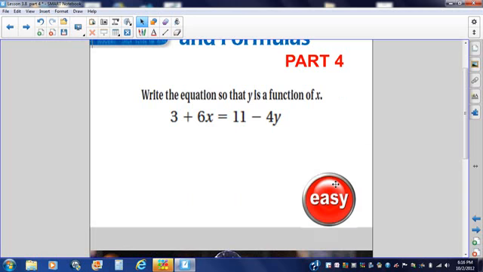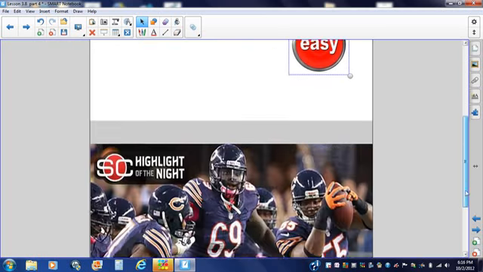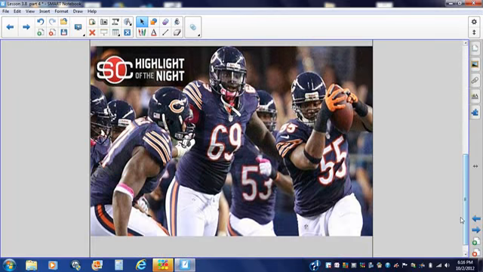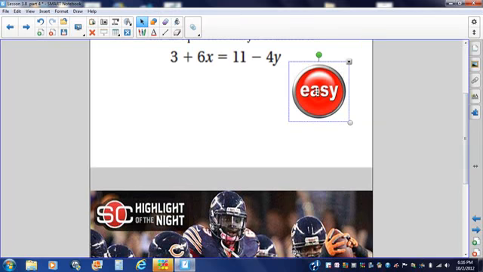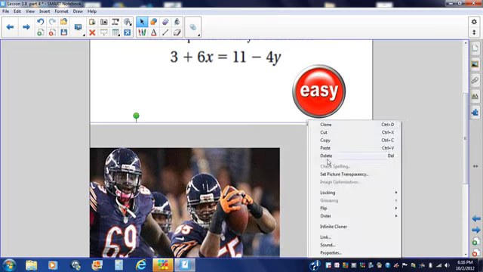I'm thinking I need to hit the easy button when I see these directions, and the easy button will be like, we're gonna make this problem as easy as it was for Da Bears. Nice. Highlight of the night. So we're gonna hit the easy button just like the Bears hit the easy button.